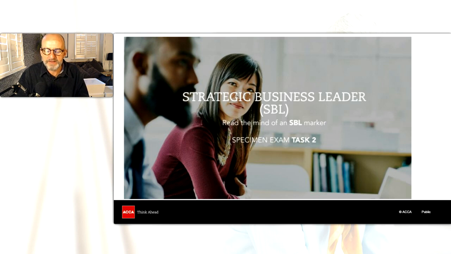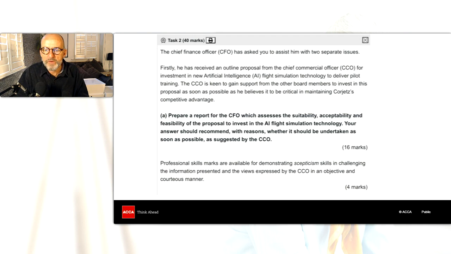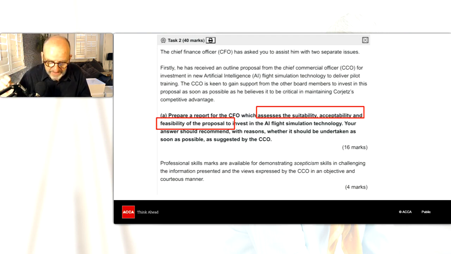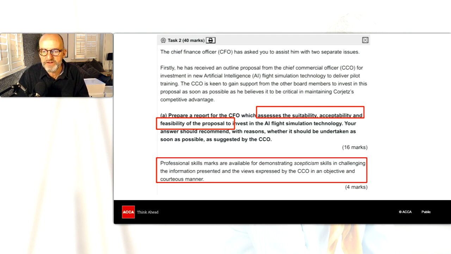And in this particular example, we were asked to prepare a report which assesses the suitability, acceptability, and feasibility of the proposal. And professional skills marks asked us to demonstrate skepticism.